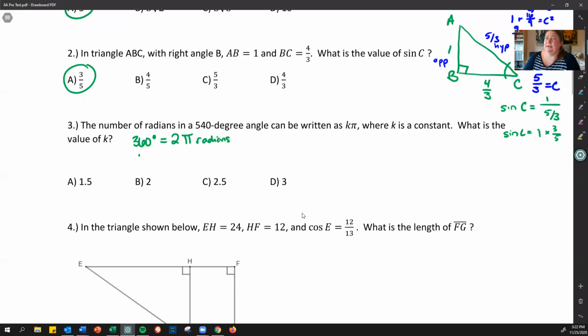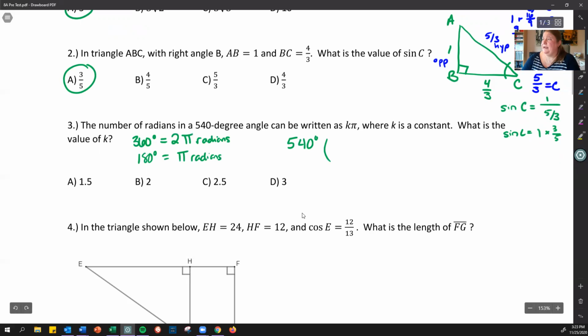We can divide both sides by 2 and get 180 degrees equals pi radians. This is going to be a little bit easier to work with because they're slightly smaller numbers. So what we're going to do is start with 540 degrees. We want to convert that to radians.